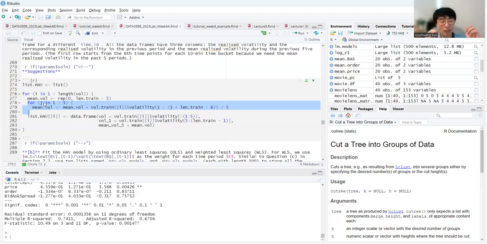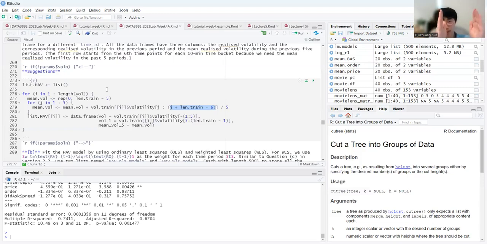Essentially, this is the first time window, where I define the starting point as j plus this line's minus 6, and later I will explain what it is. So j equals 1, and for j equals 2, I just move this time window one step further.